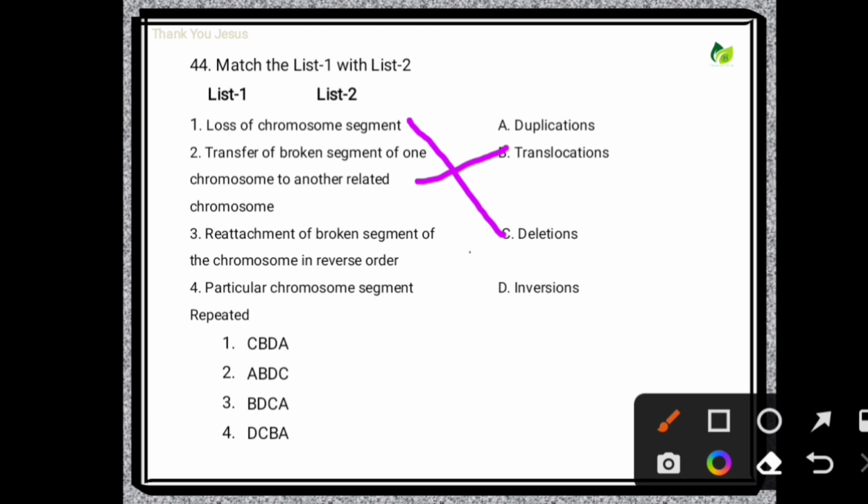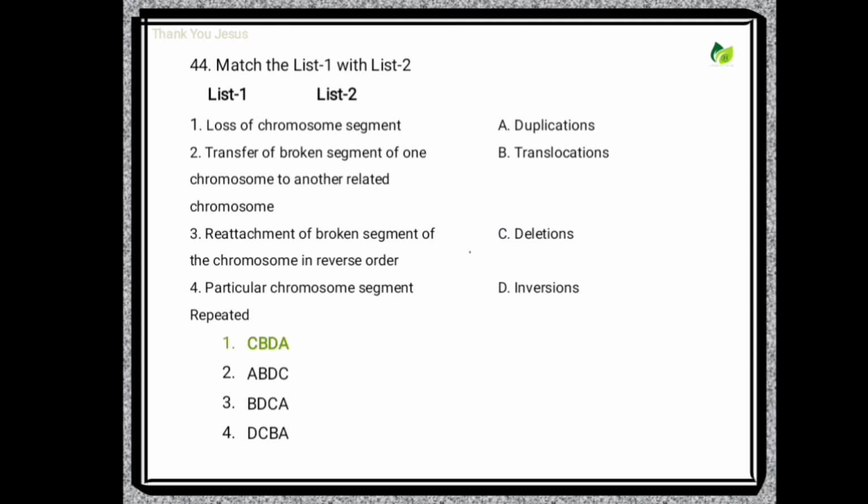Reattachment of a broken segment of a chromosome in reverse order is inversion. A particular chromosome segment repeated, repetition, is duplication. So the matching is very easy. The correct answer is CBDF. First one is the correct answer.